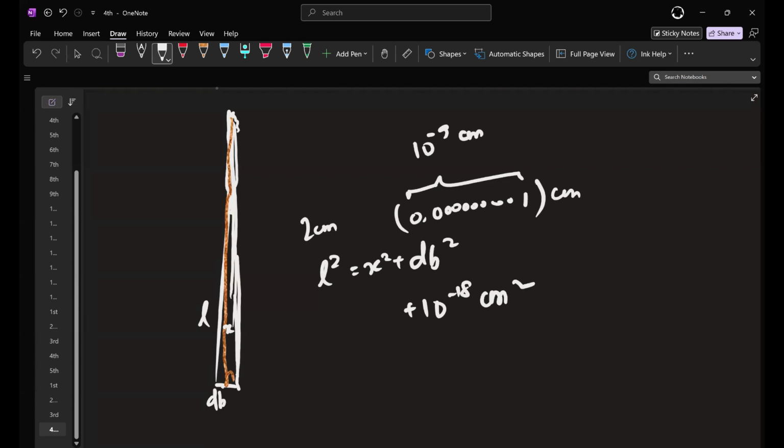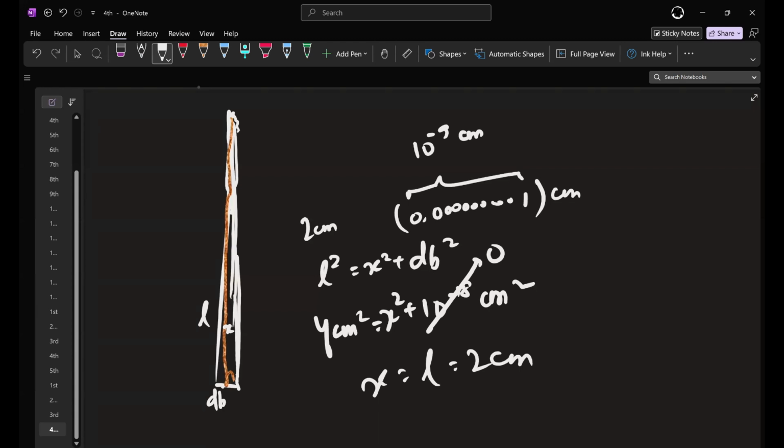With respect to L square, which is 4 centimeters square, and X square would also be somewhere in the range of 3.999, something like that, it will almost be equal to 0, right? It means X square would be equal to L square. It means X would be equal to L, which is 2 centimeters. So you can take a screenshot of this analogy, and then we are going to proceed with our regular discussion because I'm going to erase it.